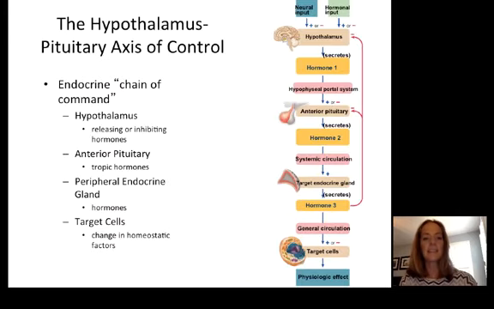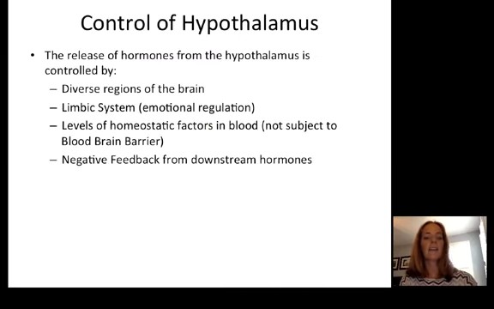So the last thing is to look at the control of the hypothalamus. The hypothalamus itself is also controlled. It has a company in charge of it, and that company is the brain. There are diverse regions of the brain that can regulate the hypothalamus.